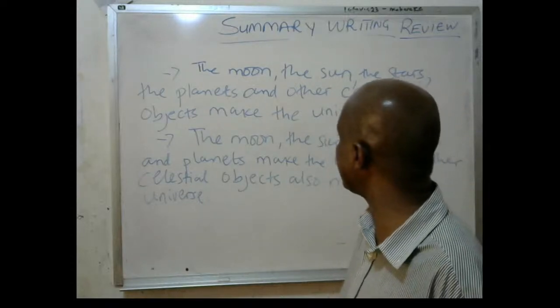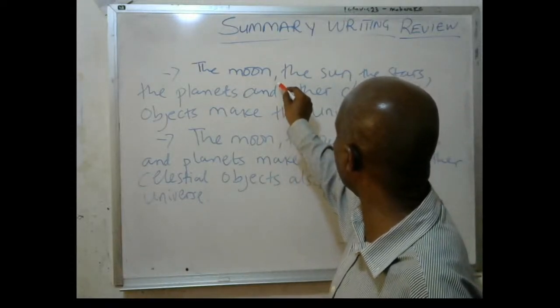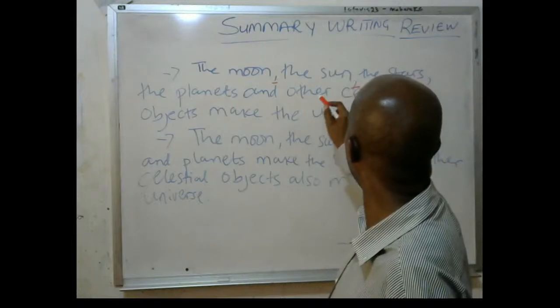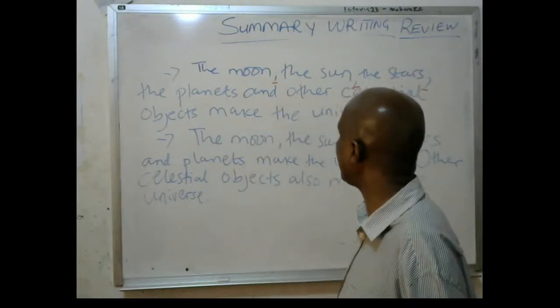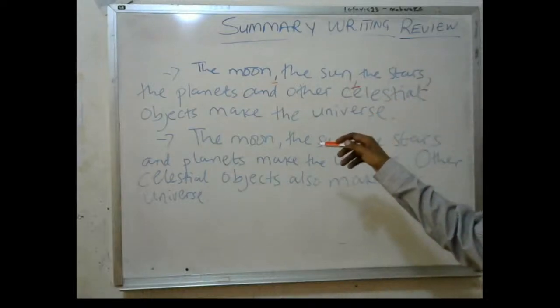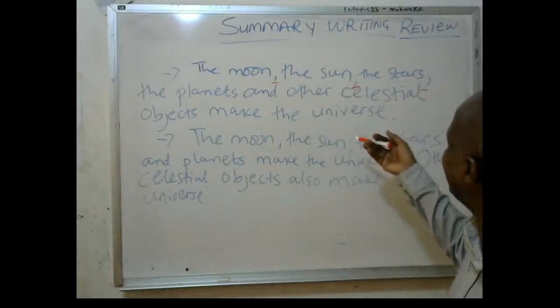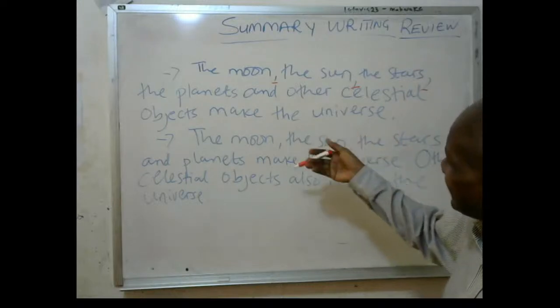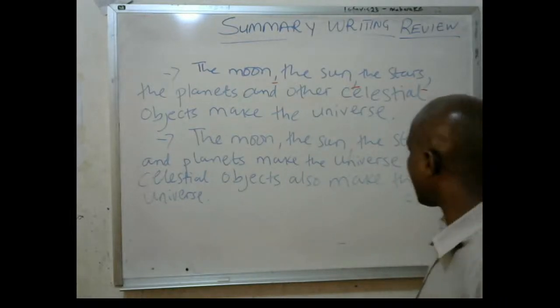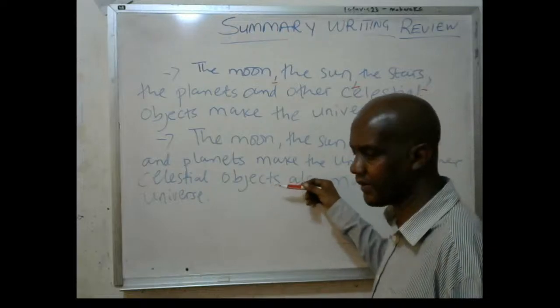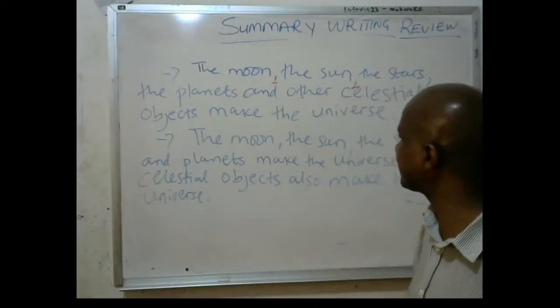The first one says, the moon, the sun, the stars, the planets, and other celestial objects make the universe. It makes sense somehow. The second sentence, the moon, the sun, the stars and planets make the universe. Then we have added, other celestial objects also make the universe.